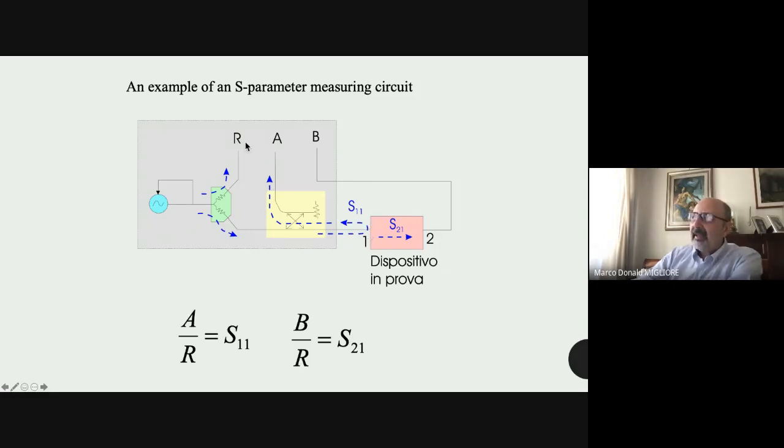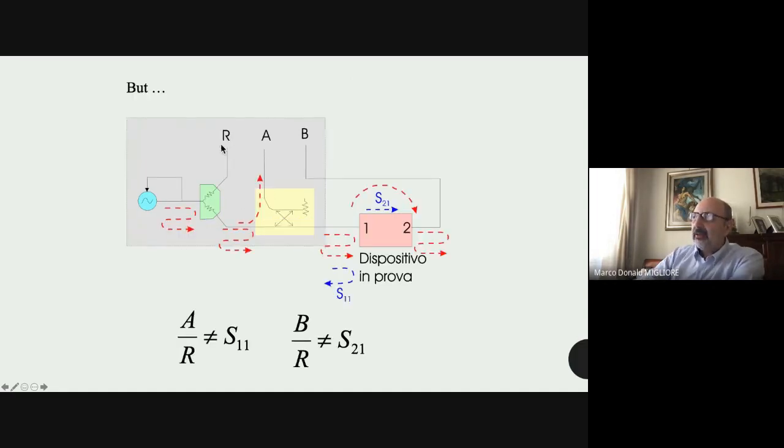So when I measure these quantities, I make an error. This error is given by all the reflections and transmissions and all the complex components between the real measurement section of the VNA and the section where we want to know the reflection coefficient. Of course, the same is true for the transmission coefficient.